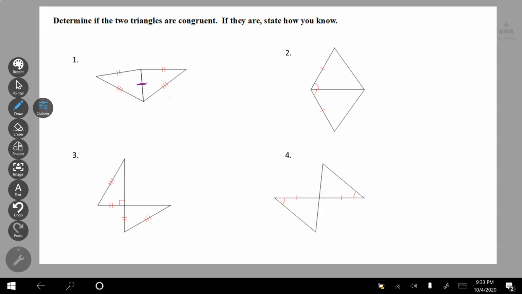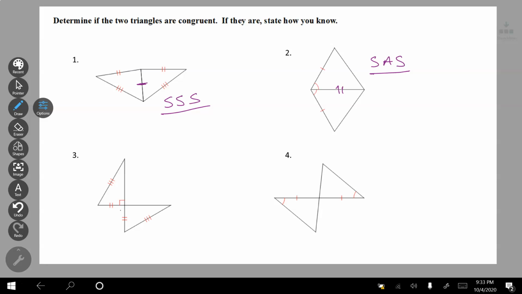So by side, side, side, it is congruent. Over here I have the same idea, that this common side is congruent to itself, and therefore we have 2 sides and an arc angle in between, and 2 sides and an arc angle in between, so it's side, angle, side in that order.